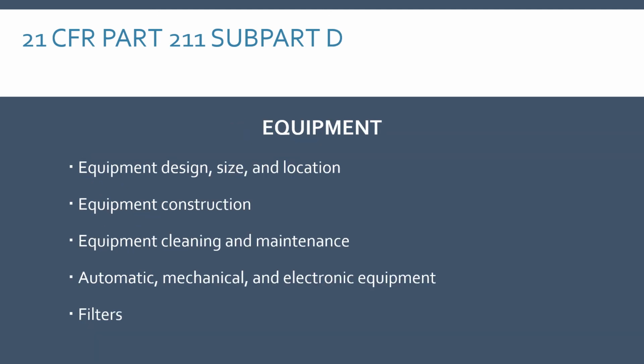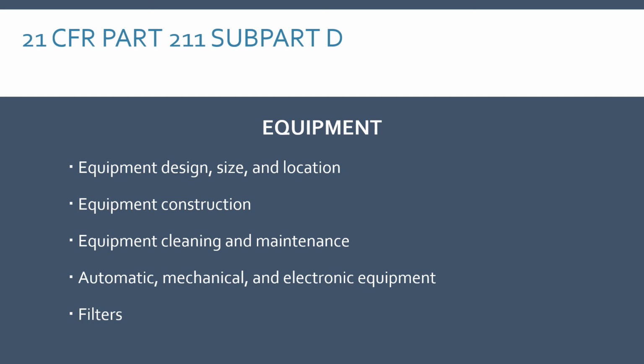All right, so subpart D covers equipment. It covers equipment design, size, and location. Very specific in making sure that the design and size of equipment is adequate for the product that it is being utilized for.